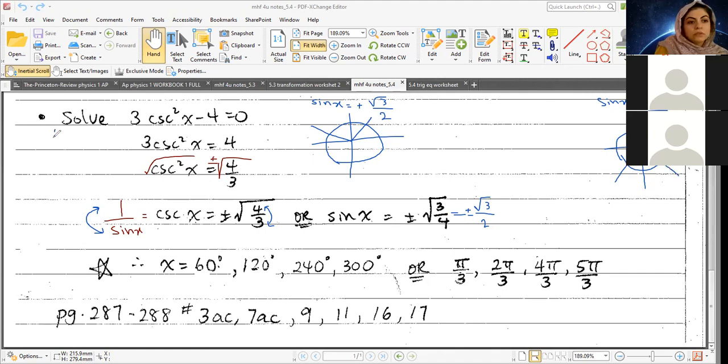Now, you need to know the special right angle triangle for 30 degree, 60 degree, and here is 90. So it's going to be square root of 3, 1, and 2. Sine of what angle is the square root of 3 over 2? See, sine is opposite over hypotenuse.